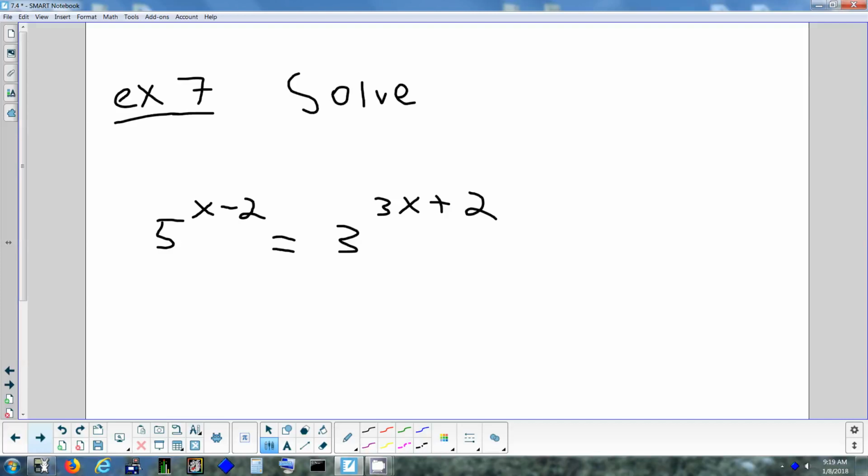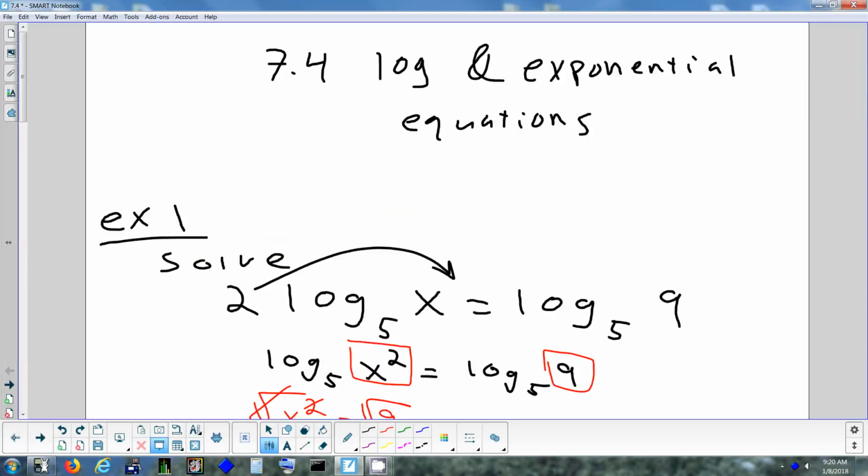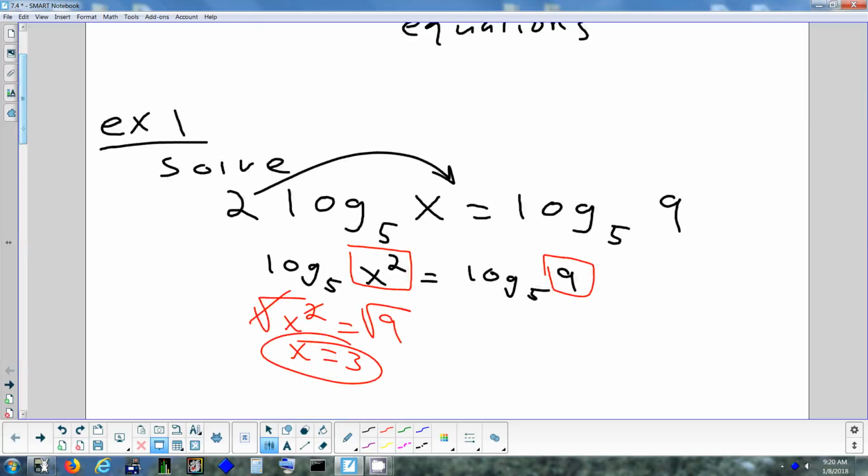Yeah, it's an exponential one. Okay, can you say more? Ryan? Because it's not in a log. There's no logs there, right? The only time you can put exponents in front is if the exponent comes from something that had a log. Okay? There are no logs in this problem.